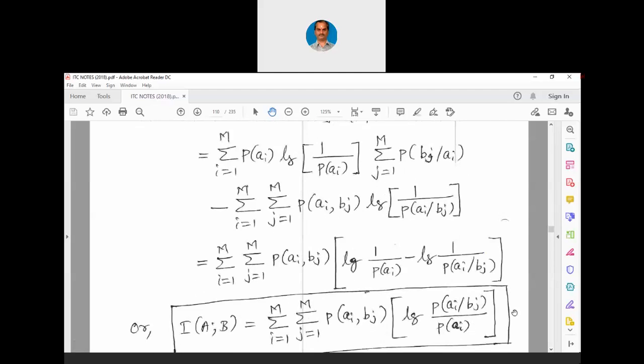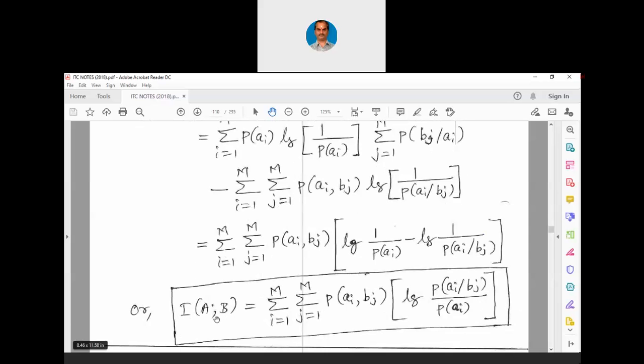This we can write as I of a semicolon b equals summation of i equals 1 to m, summation of j equals 1 to m, p of ai comma bj into log of p of ai slash bj divided by p of ai. When we get this particular logarithmic expression, we can write its composite expression in this manner.